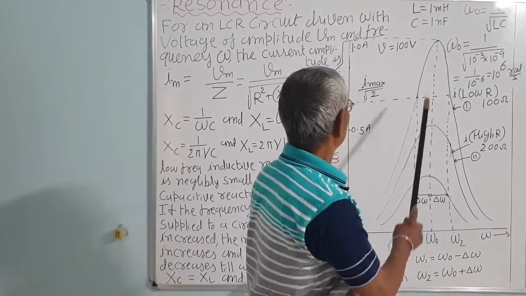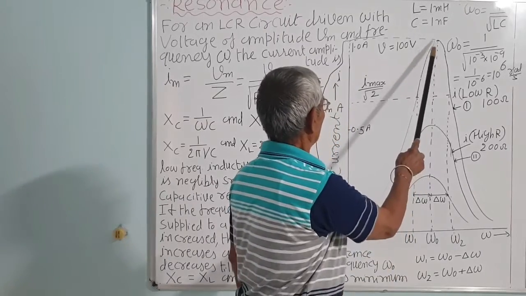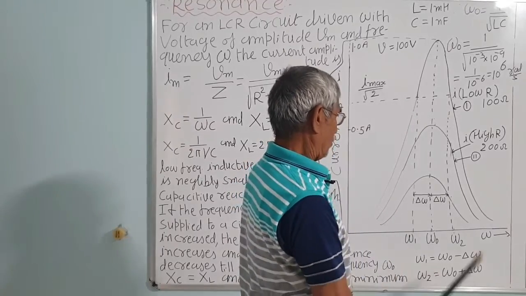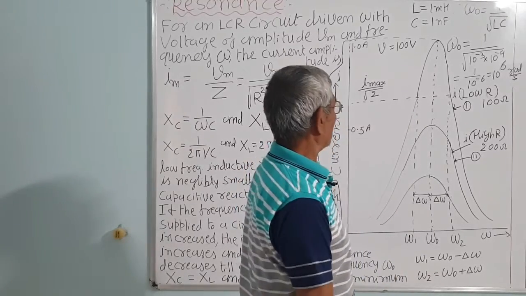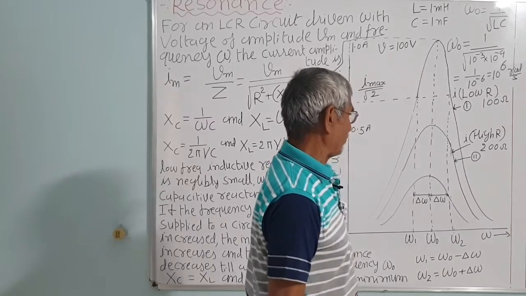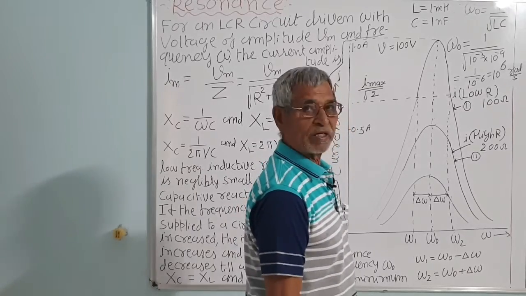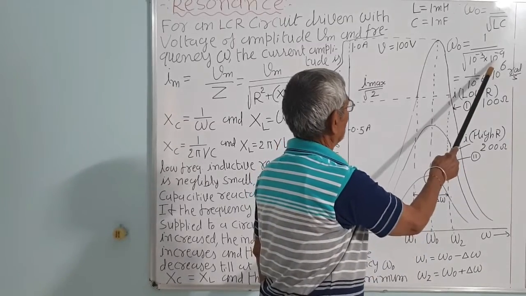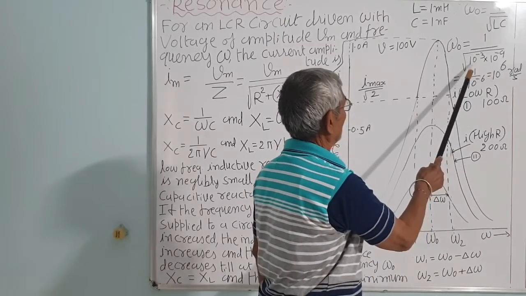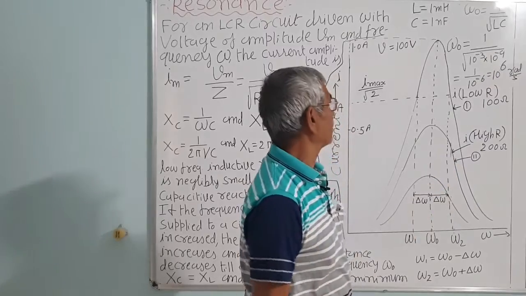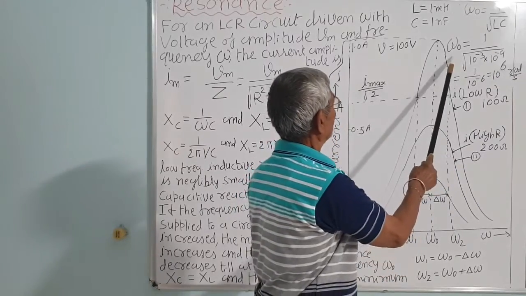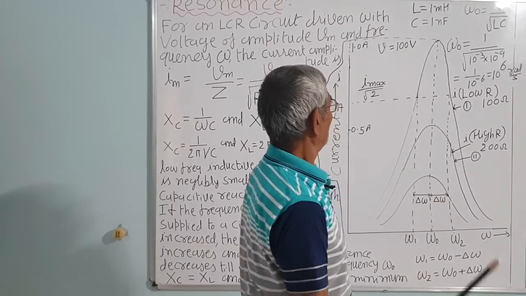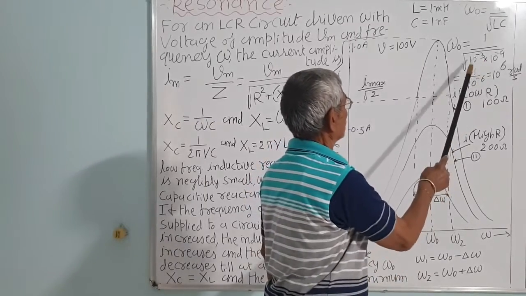The figure shows the current amplitudes, and suppose the value of the inductance L is 1 millihenry, and the capacitance of the capacitor is 1 nanofarad. This is C and this is L. This is millihenry, 10 raised to minus 3, this is nanofarad, 10 raised to minus 9. So omega 0 is equal to 1 upon under root 10 raised to minus 3 into 10 raised to minus 9, that is 10 raised to minus 12.